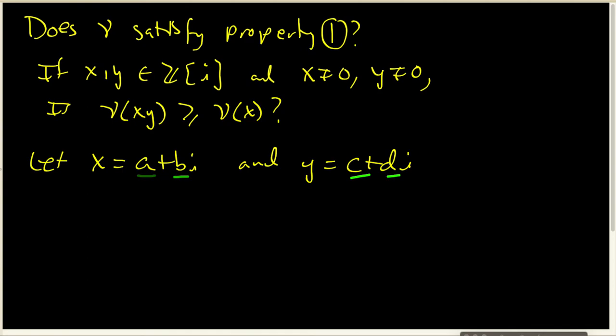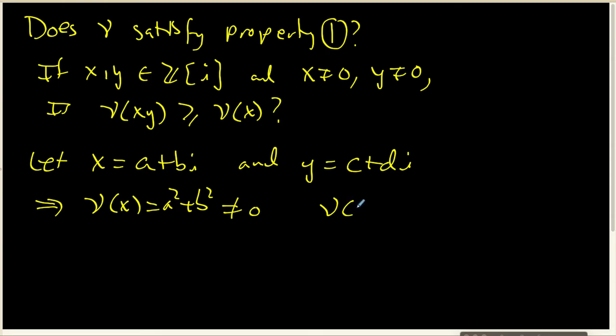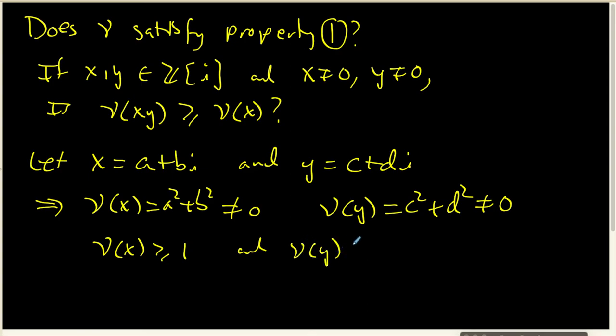What I want to note is that the value of nu of x, which is a squared plus b squared, is not going to be 0, and the value of nu of y, which is c squared plus d squared, is also not going to be 0. In other words, nu of x is at least as big as 1, and nu of y is also at least as big as 1, because they are sums of squares of integers.